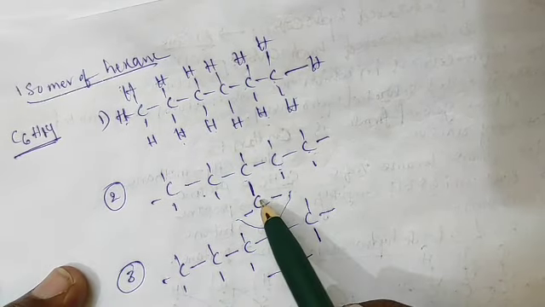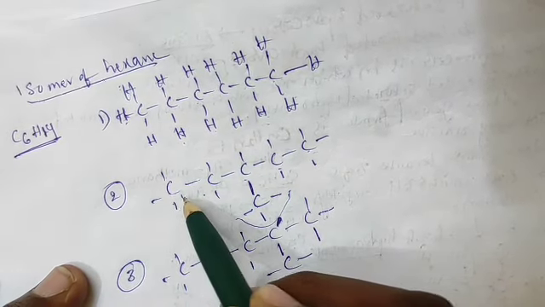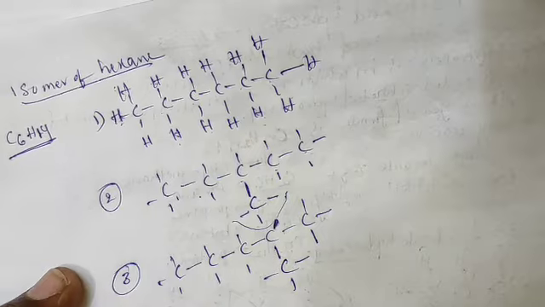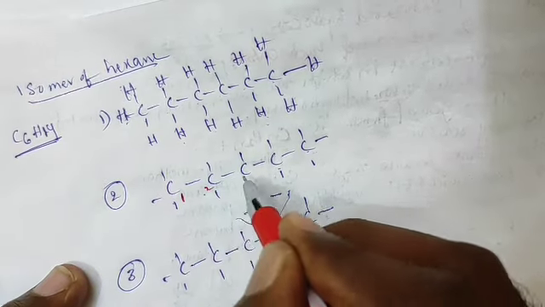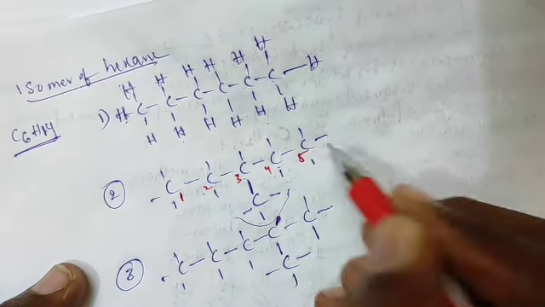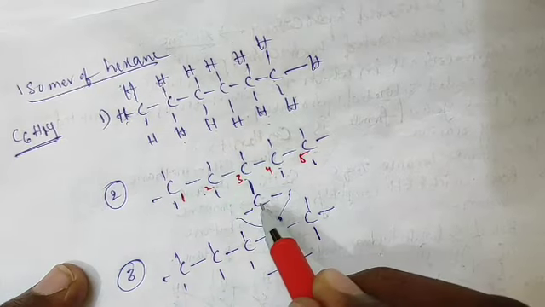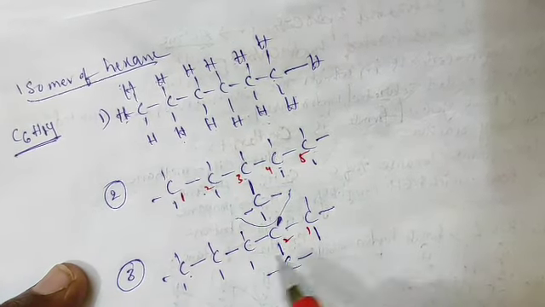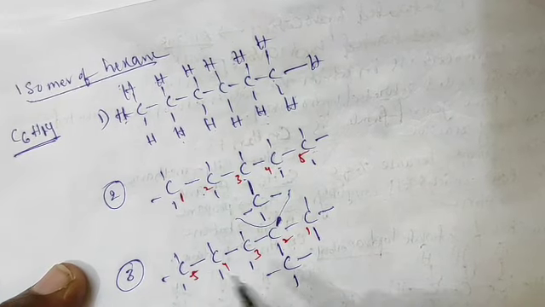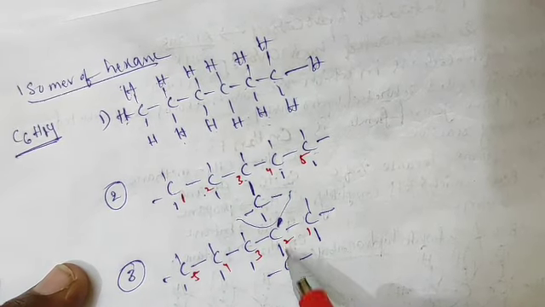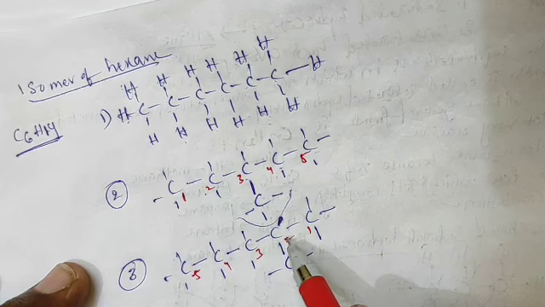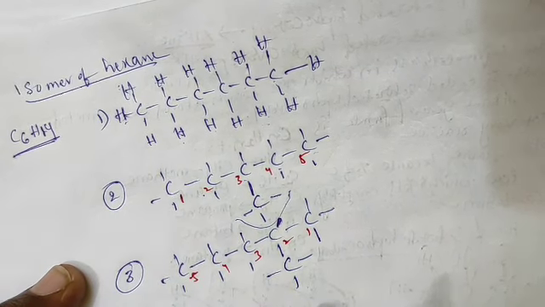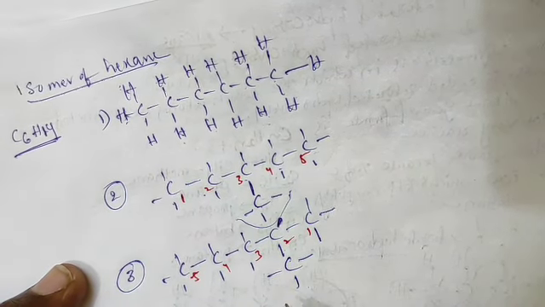See here, the carbon atoms have numbering also, I will give for no confusion. 1, 2, 3, 4, 5 carbons. This is the sixth one. So this carbon contains the third carbon. Now 1, 2, 3, 4, this side I give. This carbon has which carbon? Second carbon having a branch. Here third carbon having a branch.